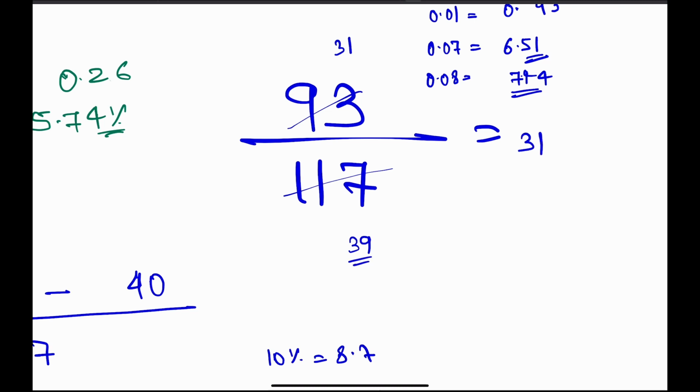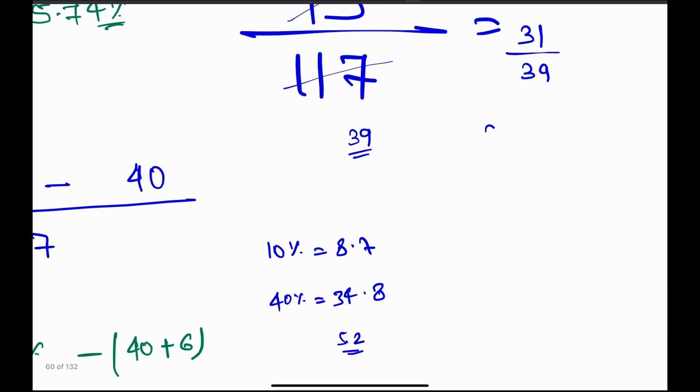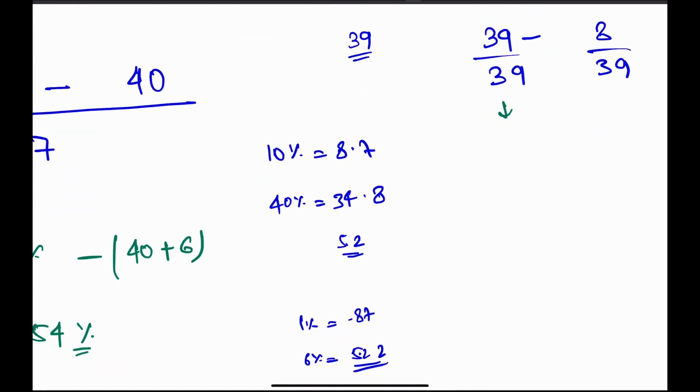So overall it will be becoming 31 upon 39. So I'll just write it as 39 minus 8 upon 39. Okay, and 39 upon 39 is 100% minus 8 upon 39.